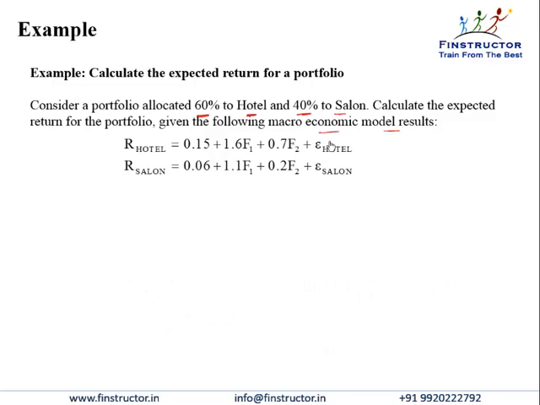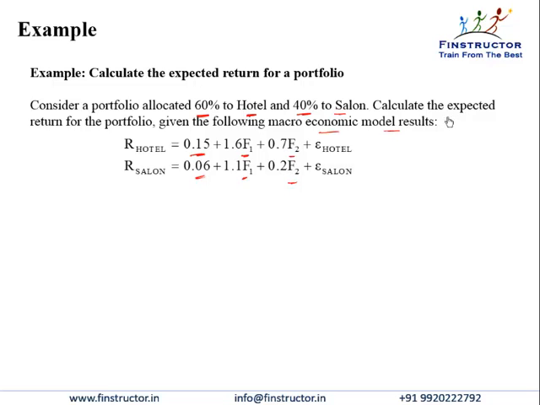Please note, in the multi-factor model, the constant term represents the expected return in the absence of any surprises. So since the question also asks us the expected return on the portfolio, we don't need the returns on the factors. A very good way to confuse you in this question would be to also give you the surprises on the factors.